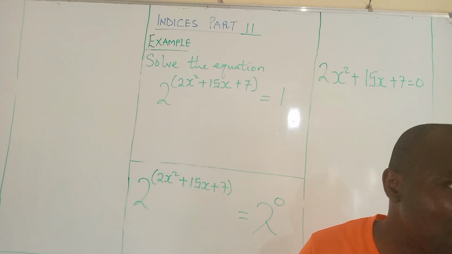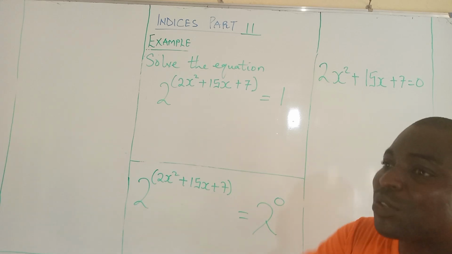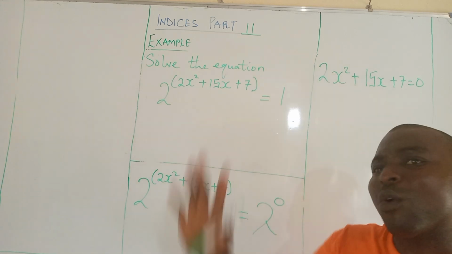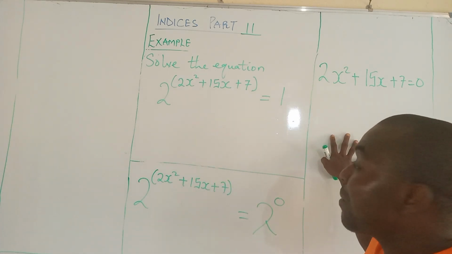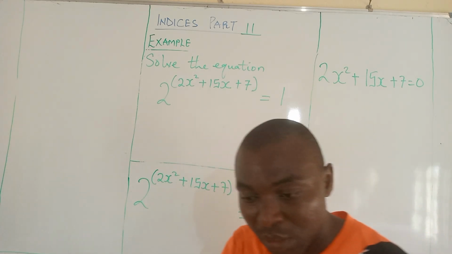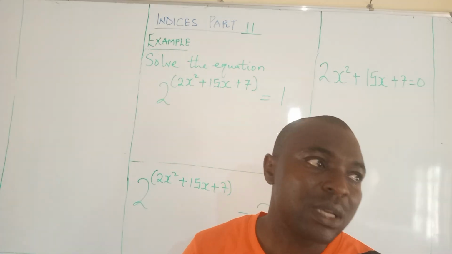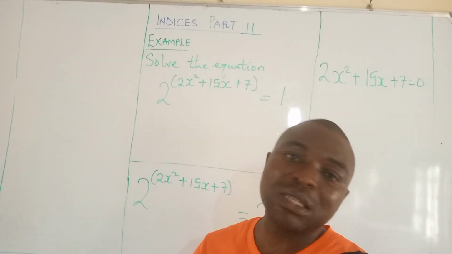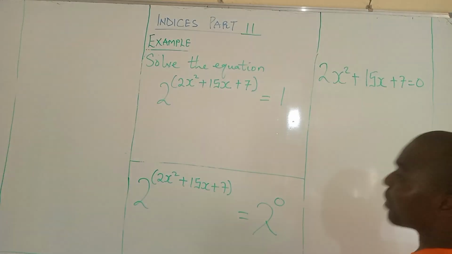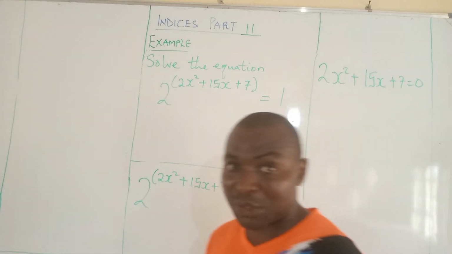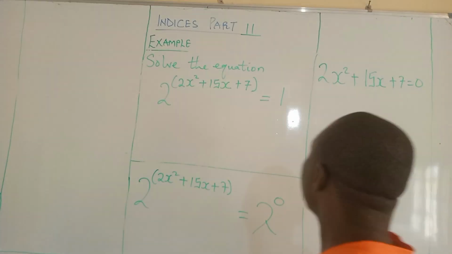Now, factorization method does not work for all. There are cases that in a particular quadratic equation, factorization method will not work. So in that case, we go over to either formula method or completing the square method. So I'm going to check if it is factorizable. I'll use factorization method.